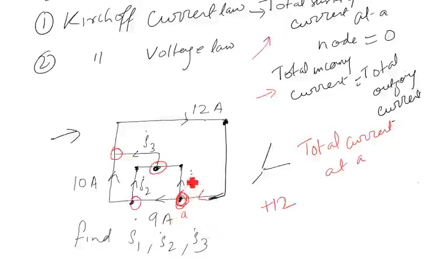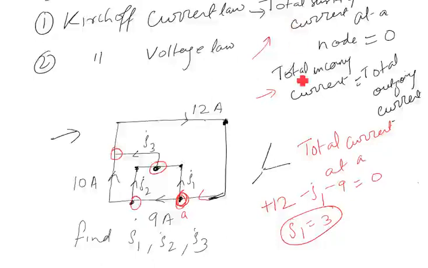I1 is outgoing, so minus I1. 9 is outgoing, so minus 9, that is equal to 0. So you can calculate I1 is equal to 3. This is using the first formula.